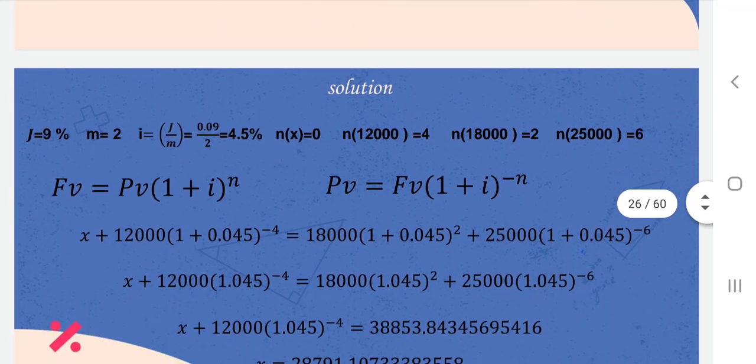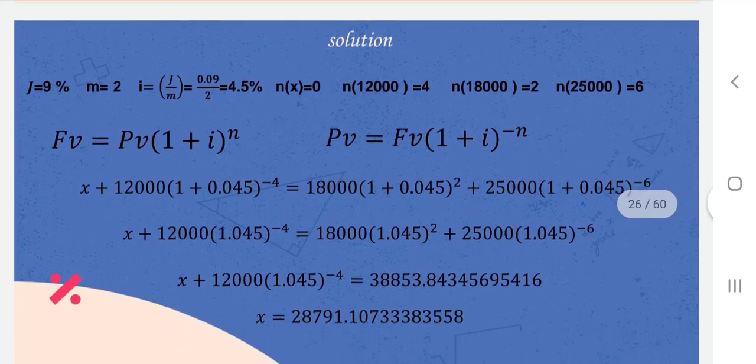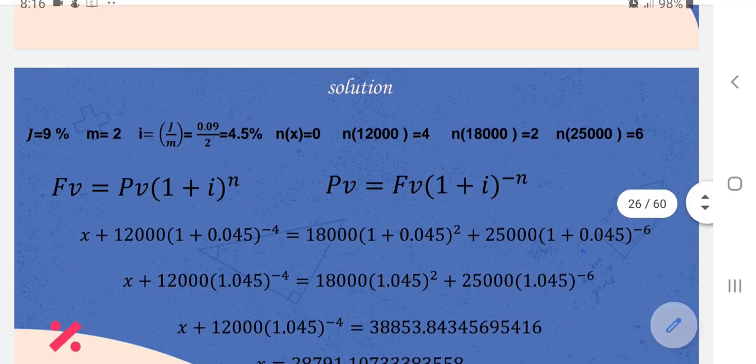Look at the solution. J equal 9%, M equal 2, I equal 4.5%, N for X equal 0, N for $12,000 equal 4, N for $18,000 equal 2, at the end, N for $25,000 equal 6.